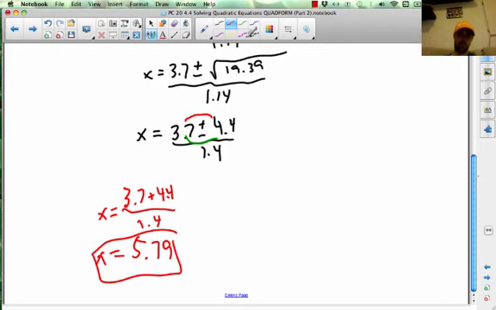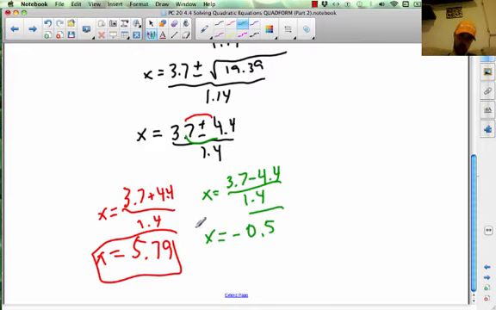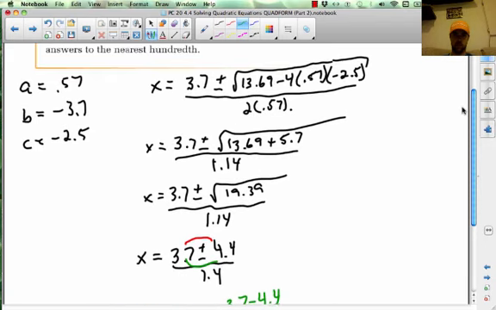That's one value for x. And our other one, 3.7 minus 4.4, all divided by 1.4. And this will, of course, be negative. 3.7 minus 4.4, with x equals negative 0.5. That's it. Those are your two answers for this one.